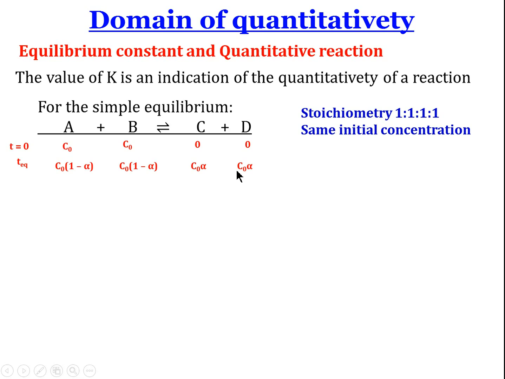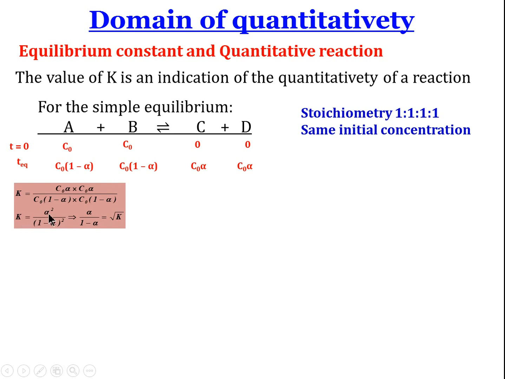and C0 alpha. The equilibrium constant is equal to the concentration of C and D divided by the concentration of A and B according to the stoichiometry, which is 1, 1, 1, 1. So K equals C0 alpha times C0 alpha divided by C0 (1 minus alpha) times C0 (1 minus alpha).